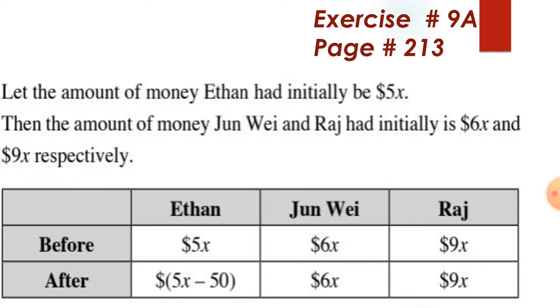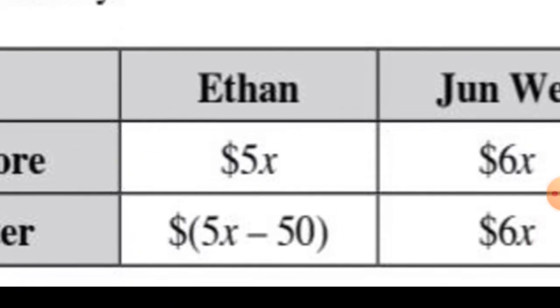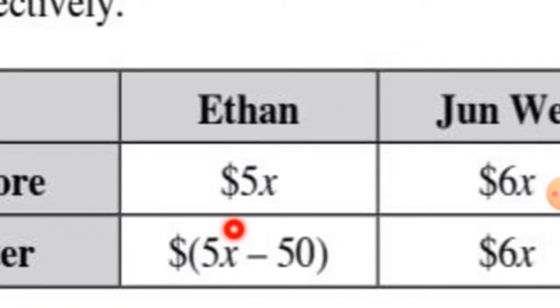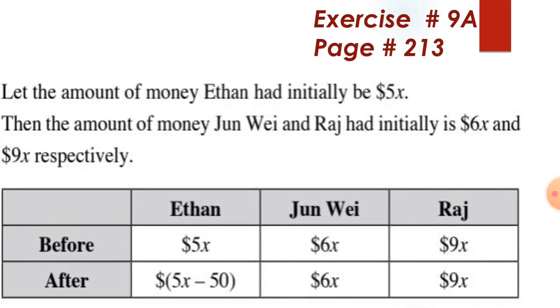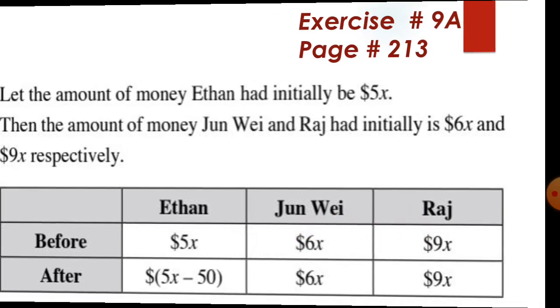In the table for after, we write 5x minus 50. Why minus 50? Because Ethan has taken that money for his mother and that amount was $50. So we subtract it, and the other amounts remain the same, 6x and 9x.